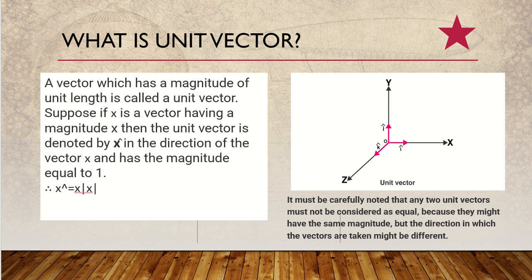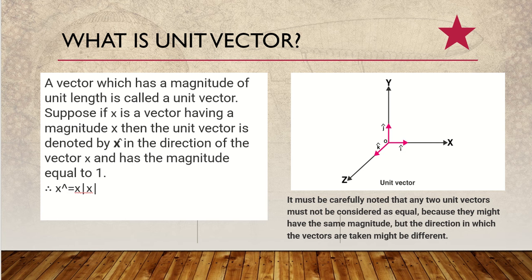Suppose x is a vector having a magnitude x, then the unit vector is denoted by x with a cap above the symbol x, in the direction of the vector x, and it has a magnitude equal to 1.